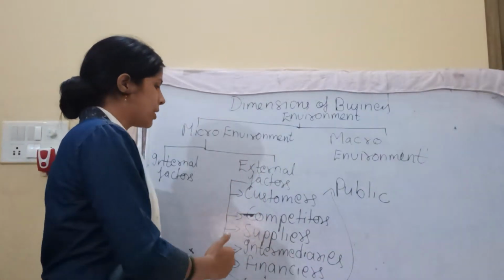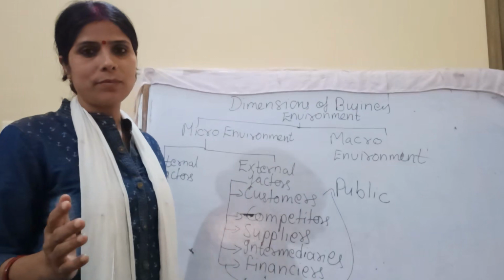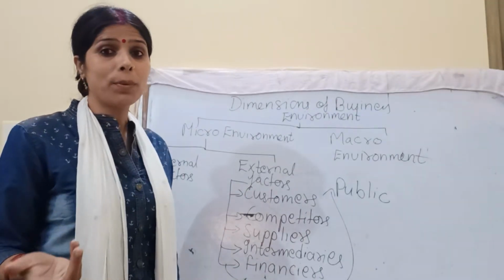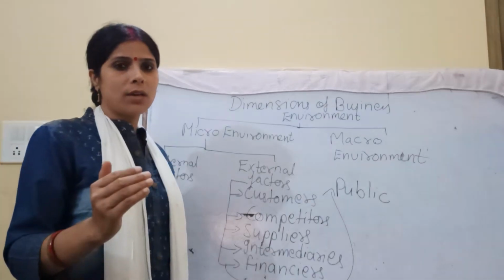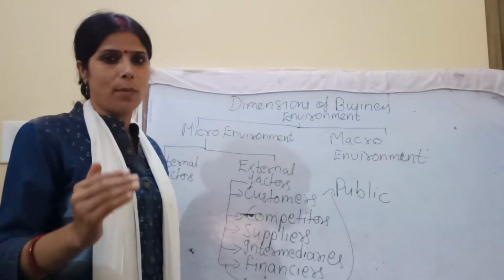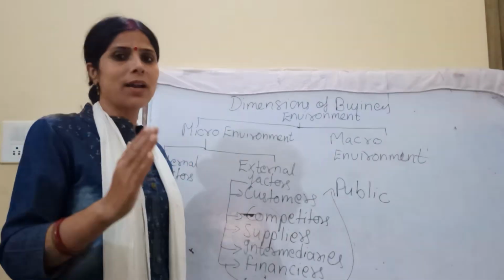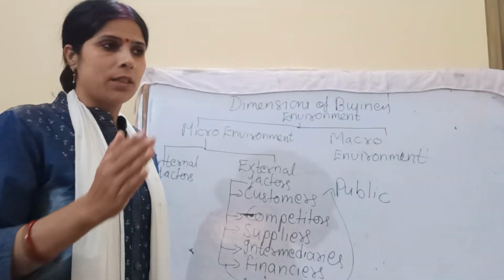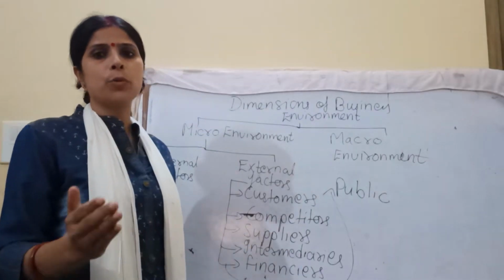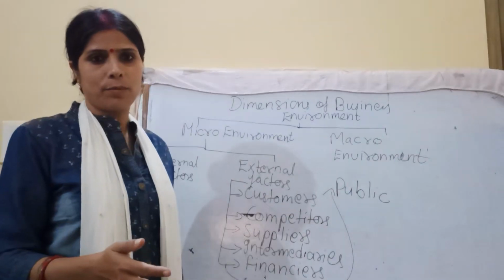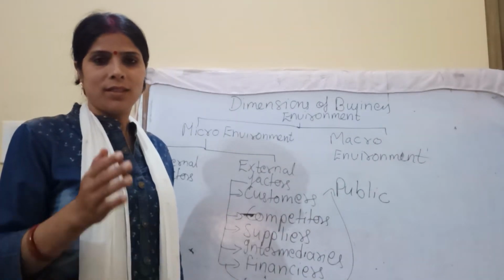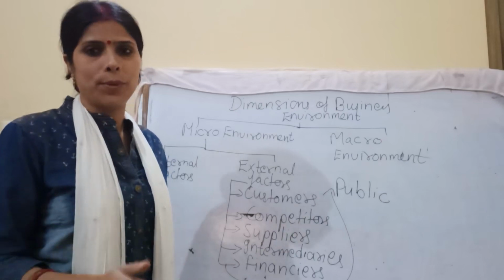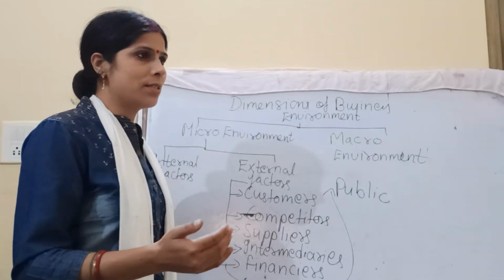Now the second point is competitors. Who are the competitors? The competition is there in the market. The companies who are producing the same products and targeting the same customers are called competitors.